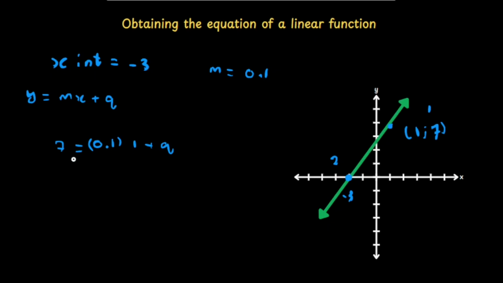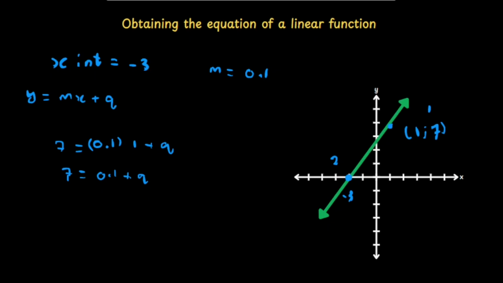If I simplify that, I will get 7 is equal to 0.1 plus q. Now, of course, I don't know my q value as yet, and 0.1 times 1 is 0.1. Now, I want to isolate q.